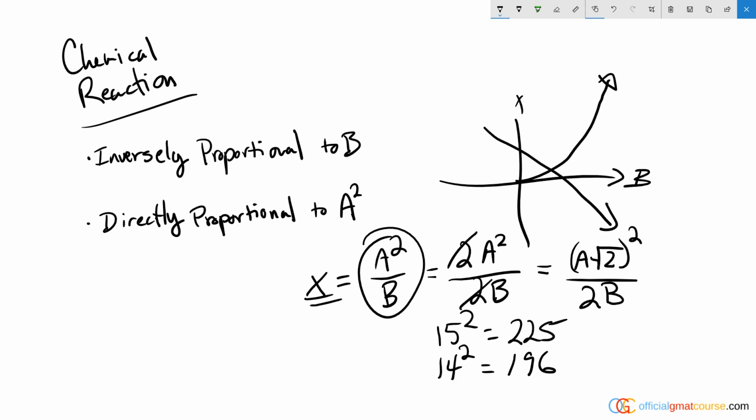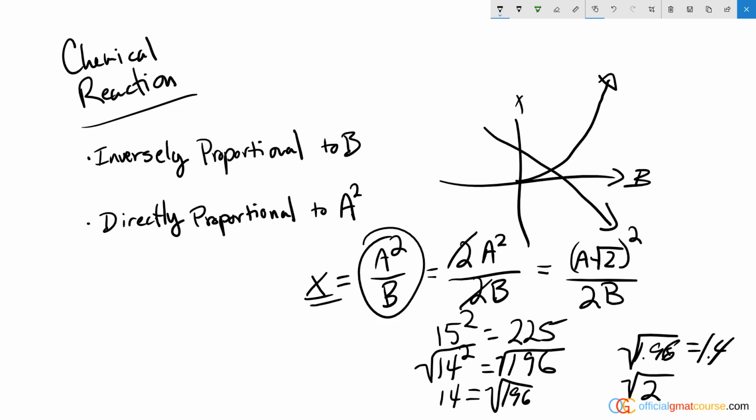And so what I'm showing here is the square root of 196 is equal to 14. And that means the square root of 1.96 is equal to 1.4.